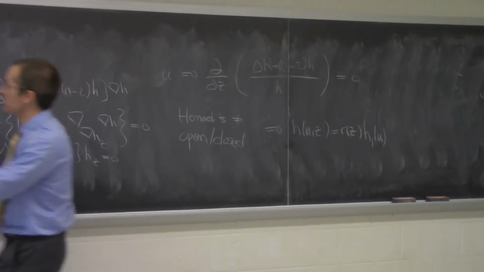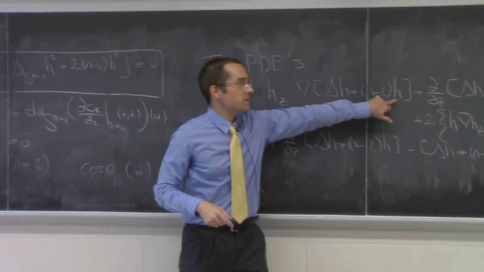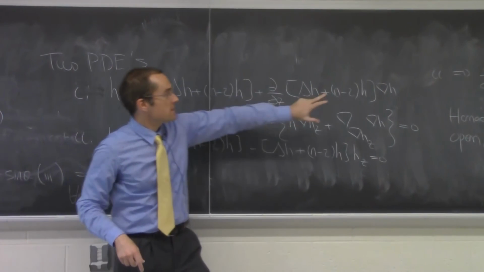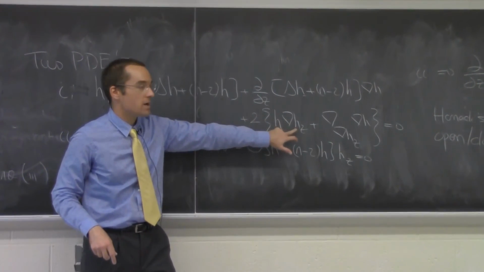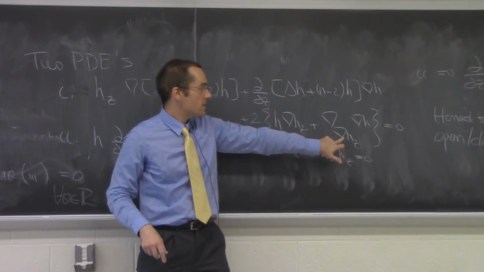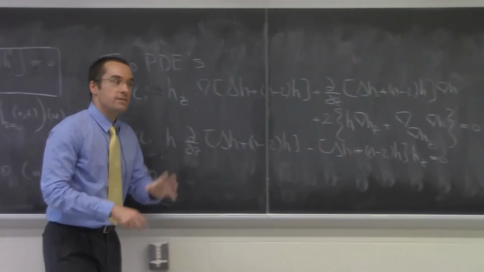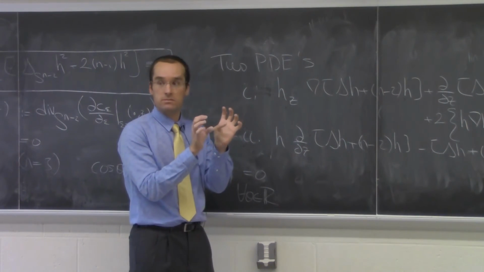For example, R prime comes from this derivative, and R comes from here. R comes from here, R prime comes from here, and again R prime comes from here, and R comes from here. Everything else is some expression only involving H1.